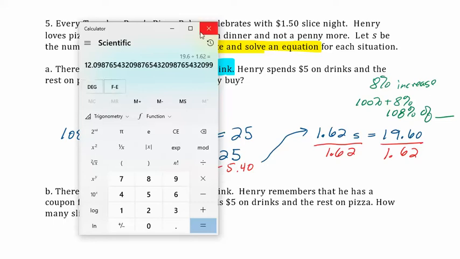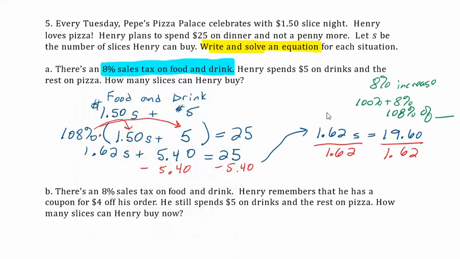If this tenths place was 5 and above, you might think, oh, I'll round this up. But that doesn't make sense here because you don't have enough money, right? You can't just round up and get more money. So 12 slices. S equals 12 slices. So he can get 12 slices of pizza. That should fill him up.